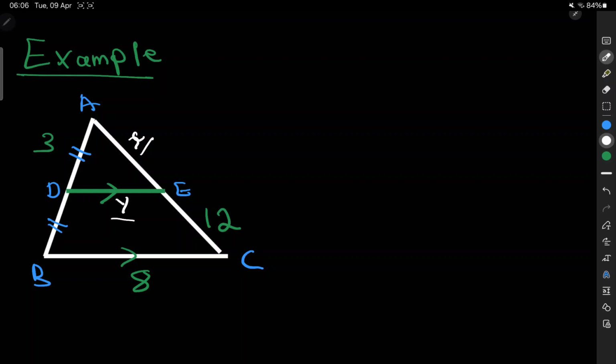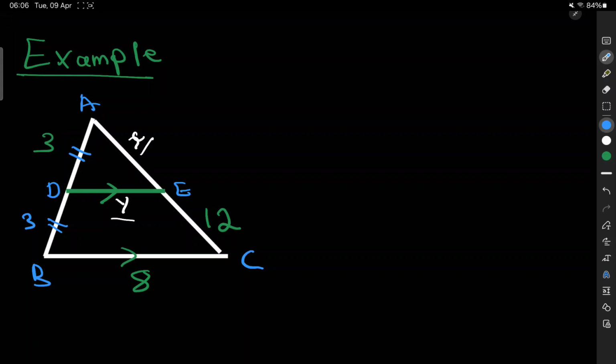So now let's apply the midpoint theorem and its converse in order for us to get the other sides. The first thing that we can deduce is that DB, since it's equal to AD, is also 3 centimeters.